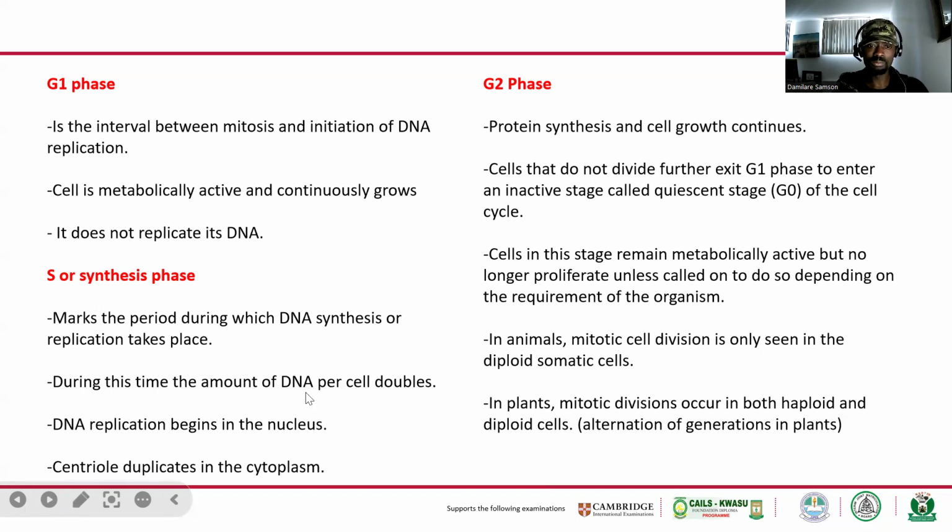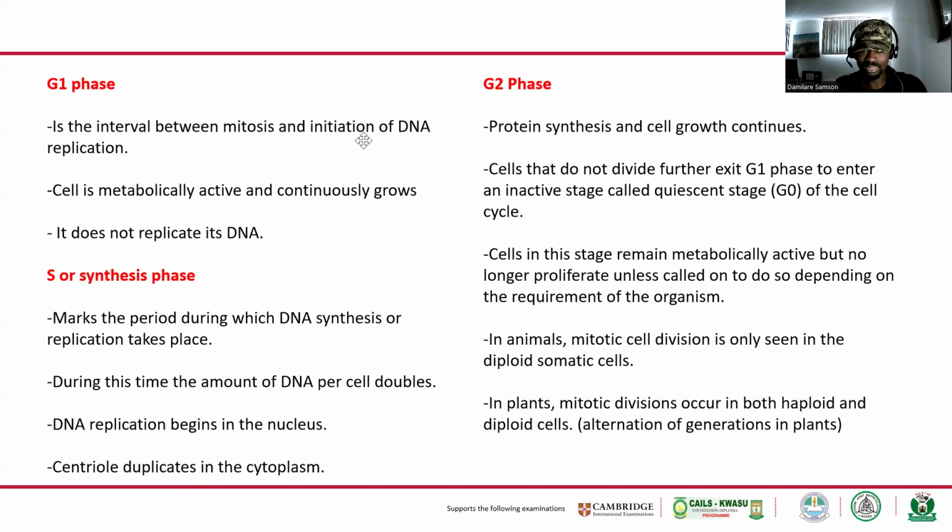And during this time, the amount of DNA per cell will double. The amount of DNA per cell will double automatically during this phase. So the DNA per cell will what? Double. Now, DNA replication begins in the nucleus.